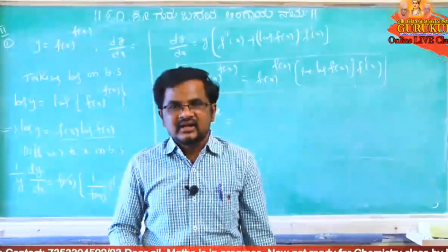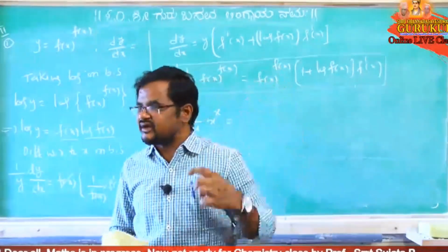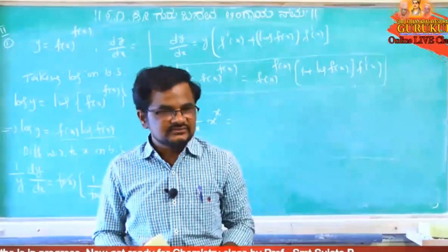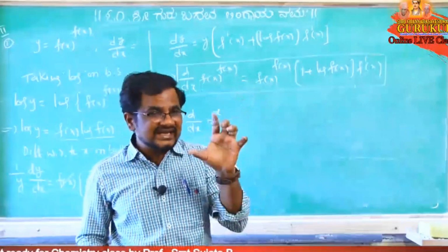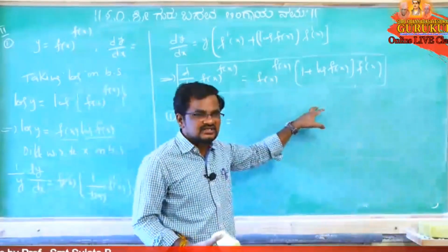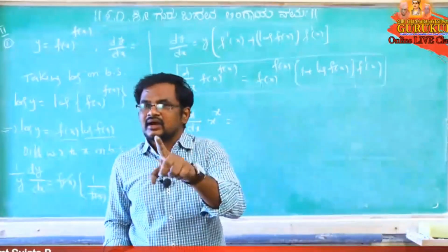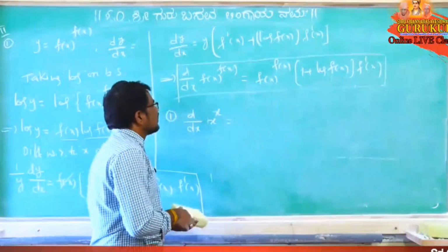What is that? d by dx of f of x to the power of f of x, the same function, equals f of x power f of x into 1 plus log of f of x into f dash x, because here f of x gets cancelled.